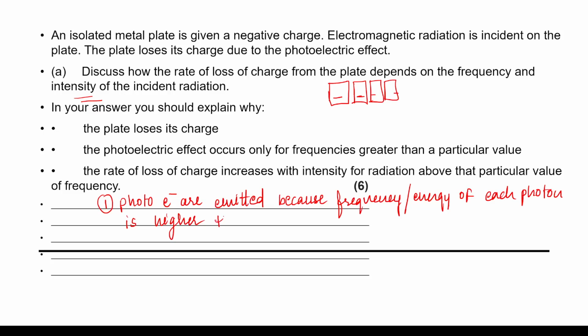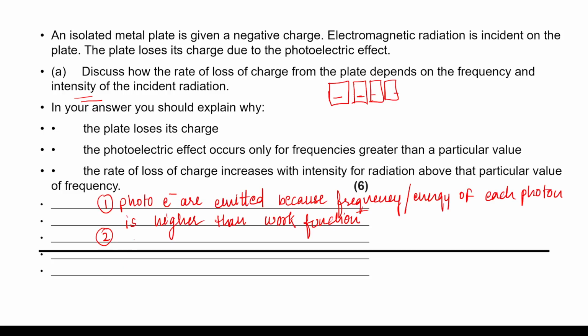Higher than the work function. So it is emitted. So point number 1, explain, 2 marks. Point number 2, the photoelectric effect occurs when the frequency is greater than the threshold, so you have kind of explained that also, because the energy of each photon is higher than the work function, so the electrons are being emitted out.